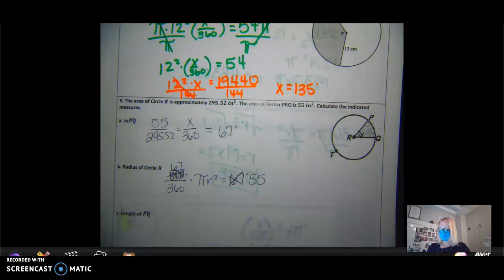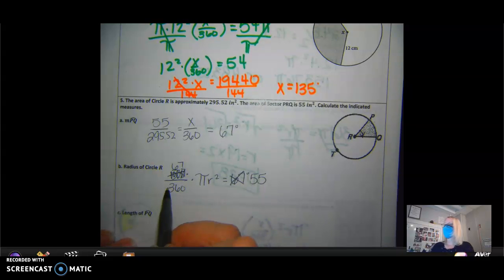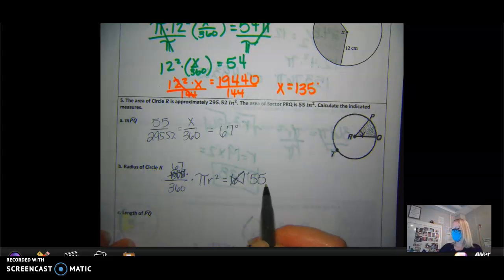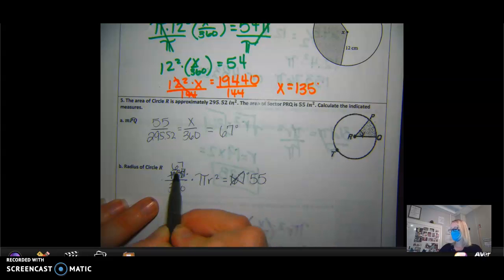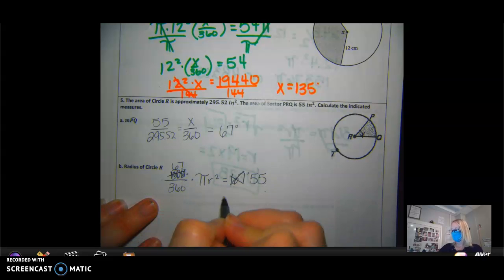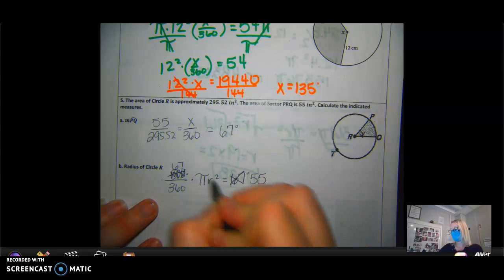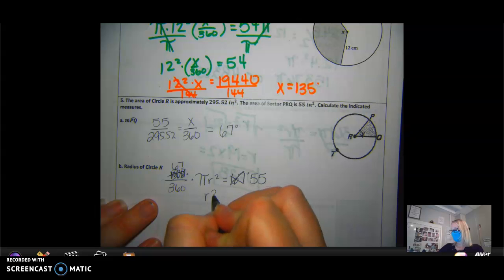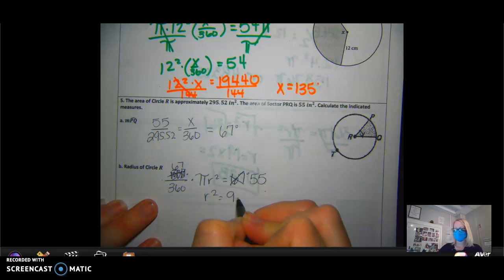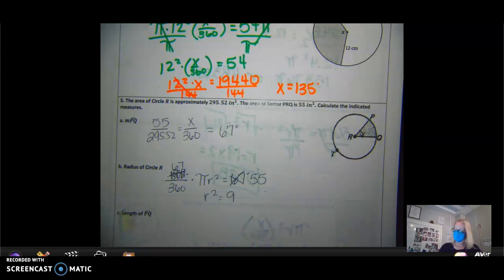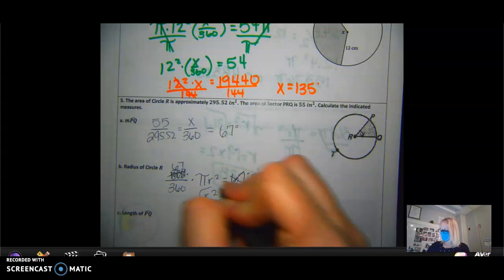And then I'm going to square root that. So essentially what I did was I multiplied by 360 on both sides to get rid of the 360. Then I divided by the 67 on both sides. That left me with pi r squared equals some funky number. I had already divided by pi. That left me with r squared equals 90-something. Then what I did was I square rooted that.